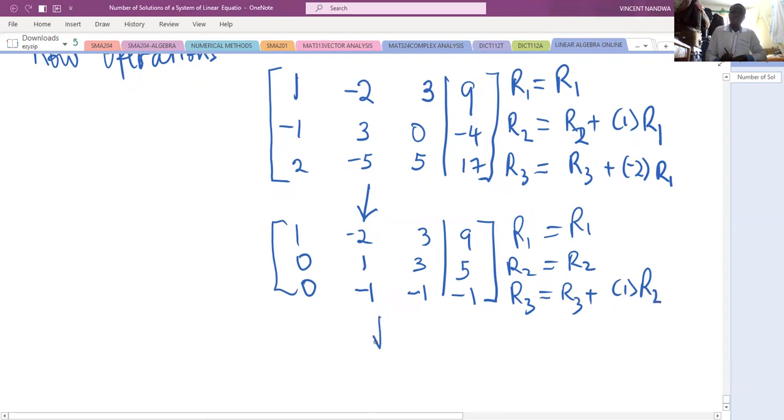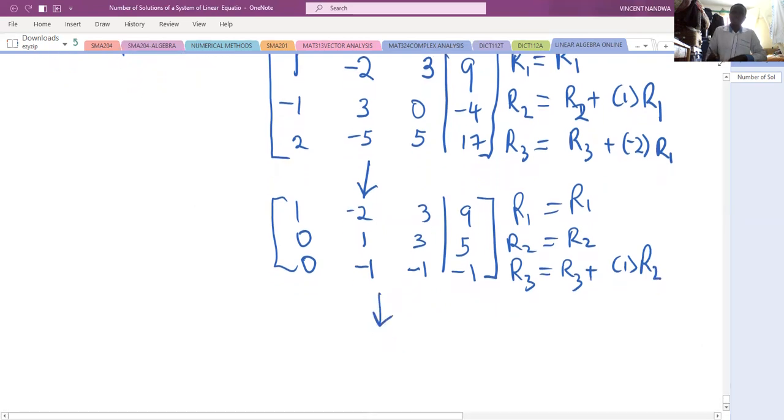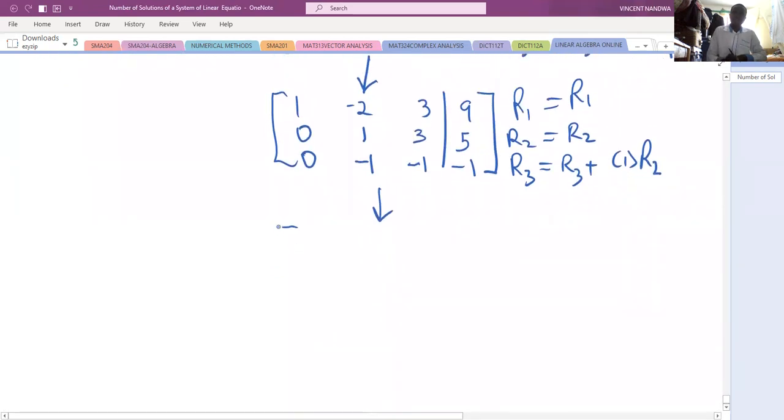This will give us 1, minus 2, 3, 9; 0, 1, 3, 5; 0, and then this will be 0. This will be 2 minus 1 plus 5 is 4.